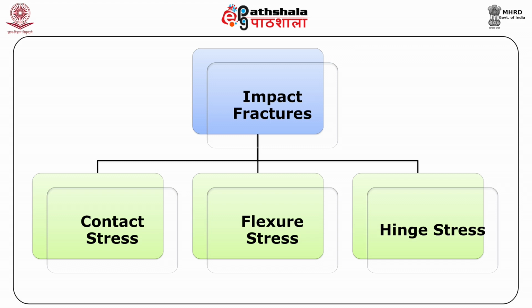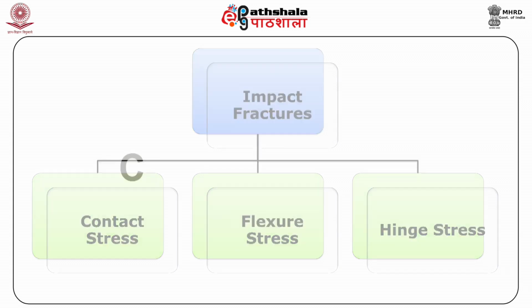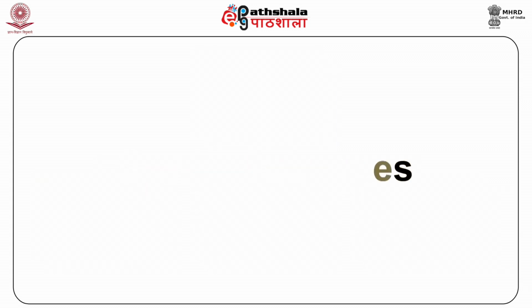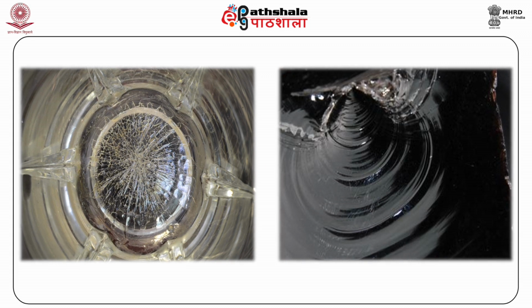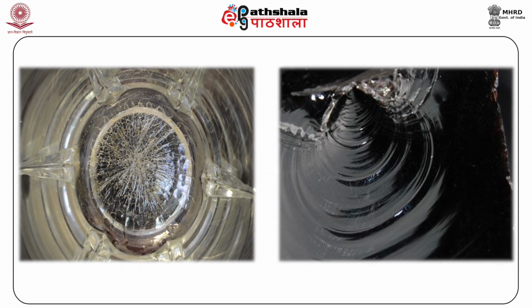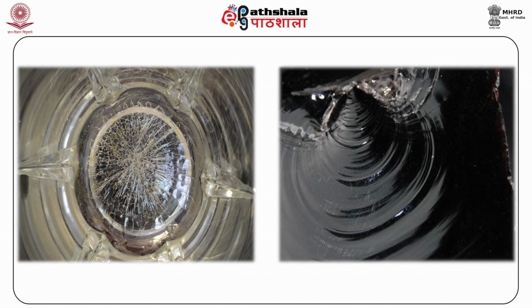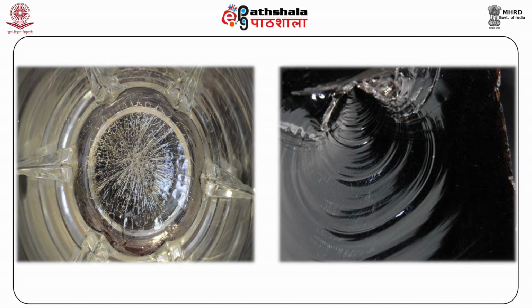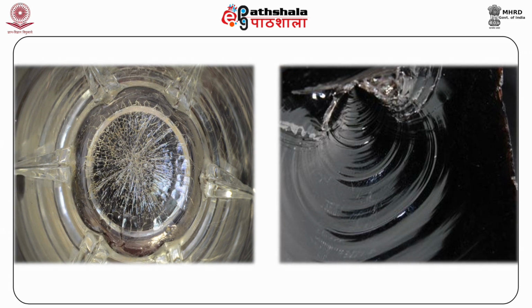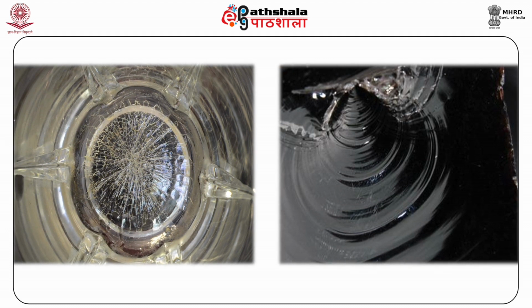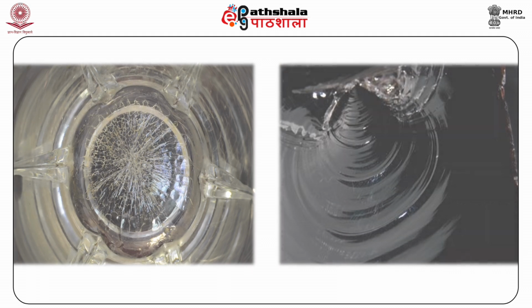Although the actual physical appearance of the fracture will be determined by the one which is dominant. Contact stresses are generated at or very close to the point of application of the impact force, resulting in Hertzian fracture, or chips along the mouth of the container.